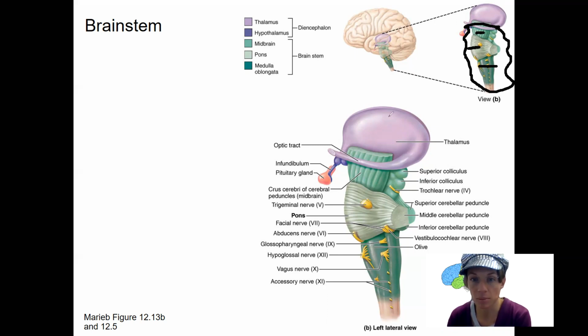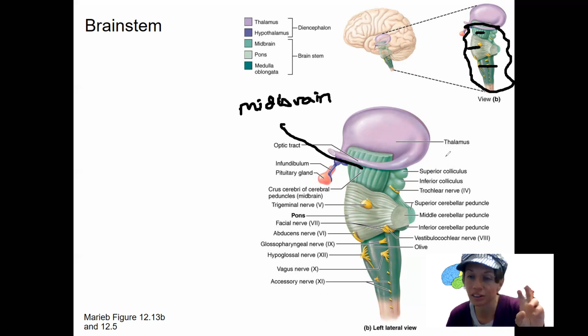Again, the purple is the thalamus, and underneath there, we've got various structures of, first, the midbrain. A lot of this is basic stuff. The brainstem is prevalent in even lower level vertebrates, carrying out very basic functions.